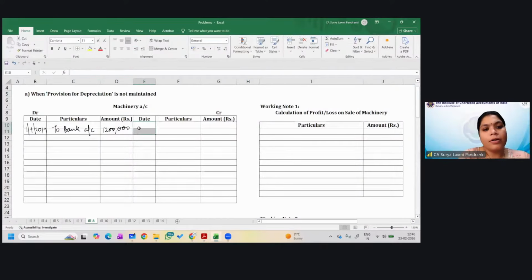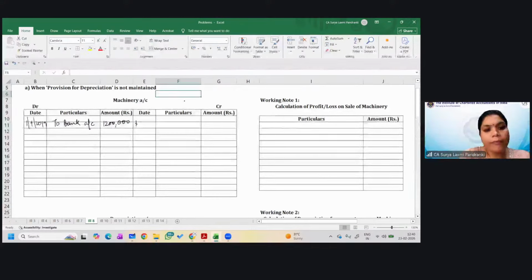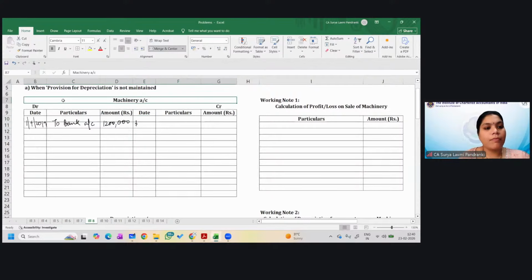So on 31st March 2020, by depreciation account. How much is the depreciation? 1,20,000. Okay.